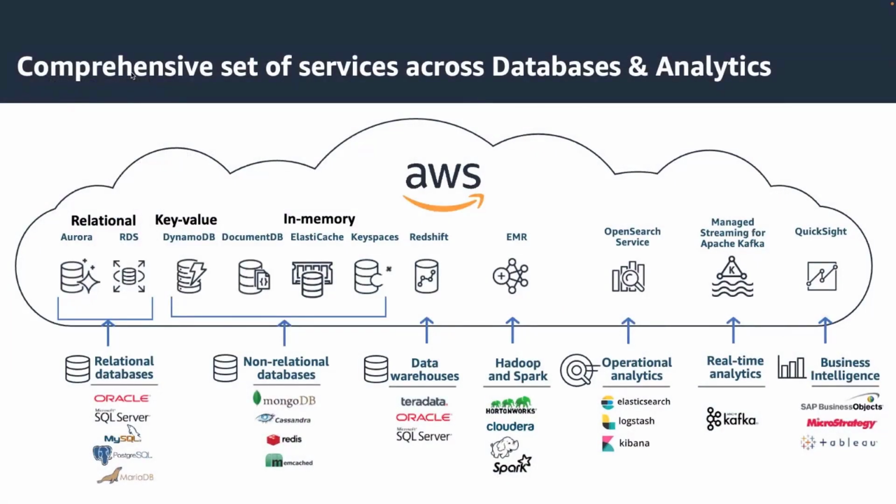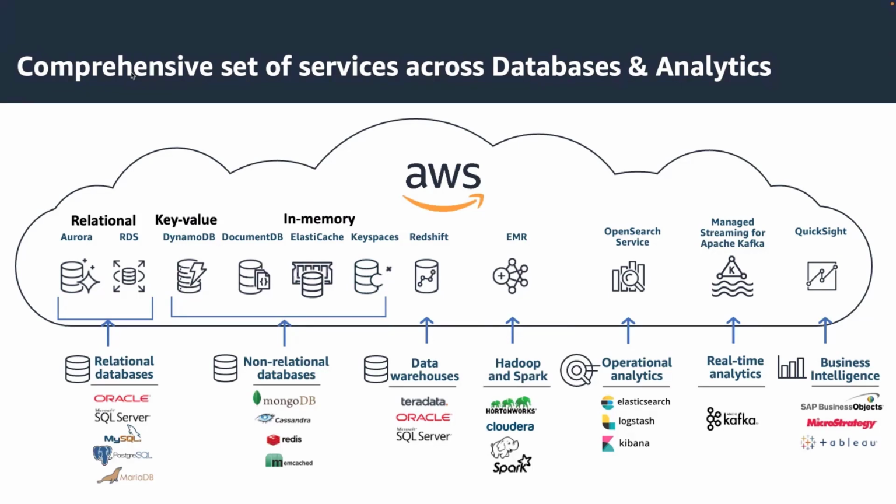Jumping right in here, as you can see, AWS offers the broadest set of database and analytics services for our customers to lift and shift their database and analytics workloads to the cloud. We've seen customers doing this at record levels across many different areas. The two that we focus on in our Focus Day sessions are relational databases and non-relational.